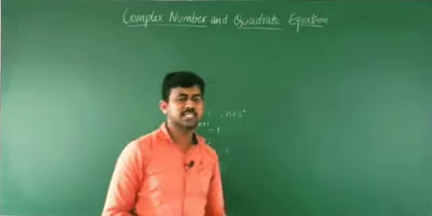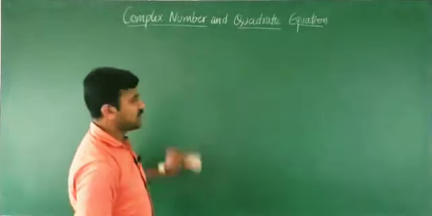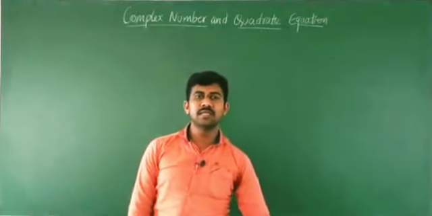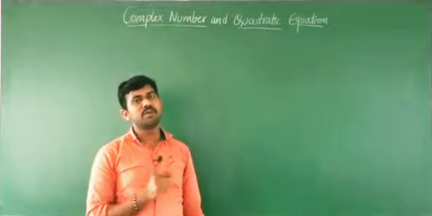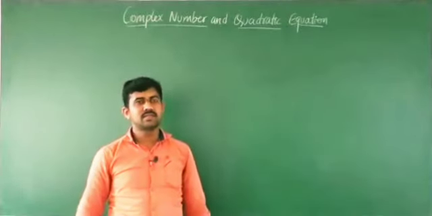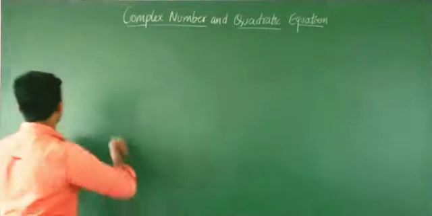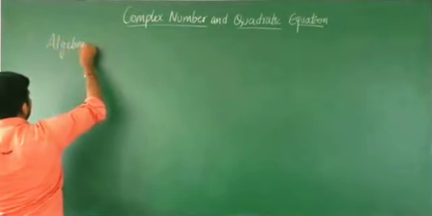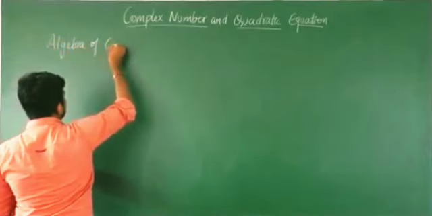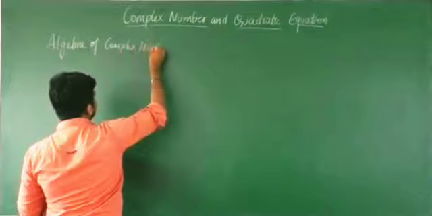Now, in today's session, first I'll discuss the algebra of complex numbers, and after that I'll move into the exercise problems related to the power of i. So what is meant by algebra?